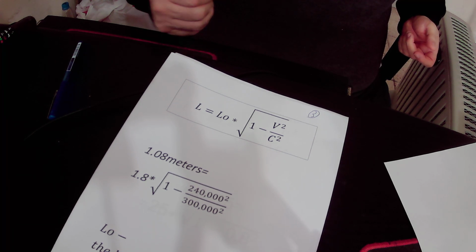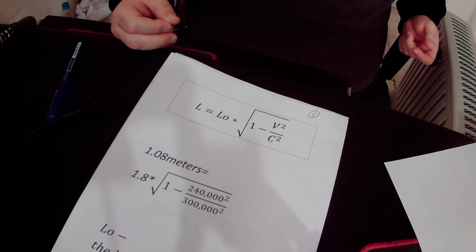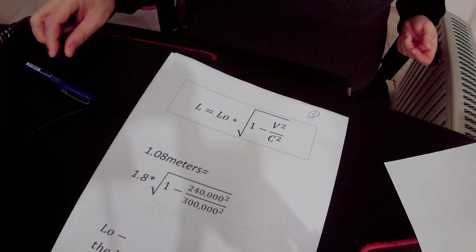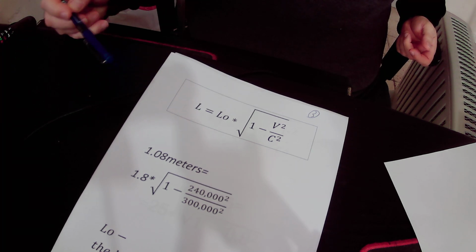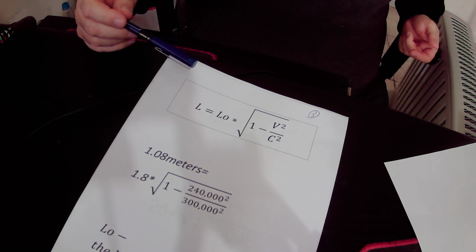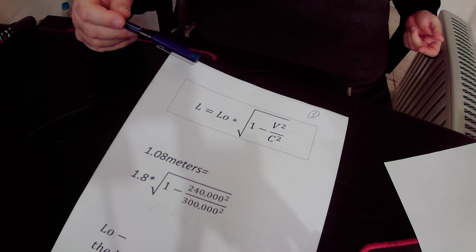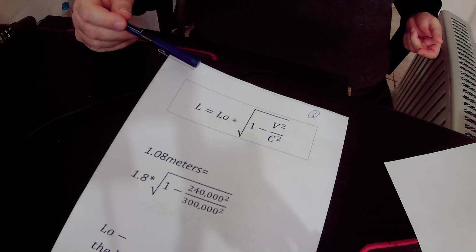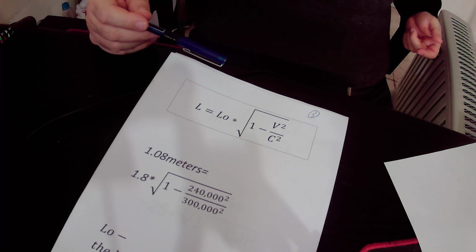Okay, the same rule applies to the length contraction. It is the same equation when the object or the twin brother is moving towards the star Epsilon.